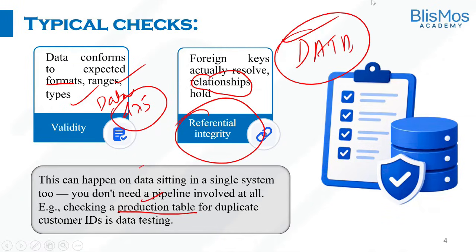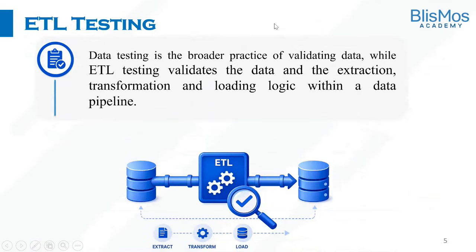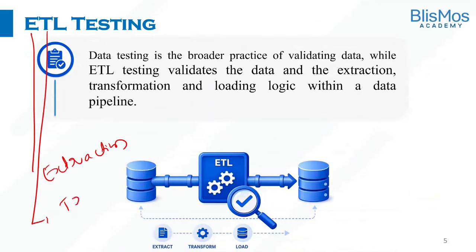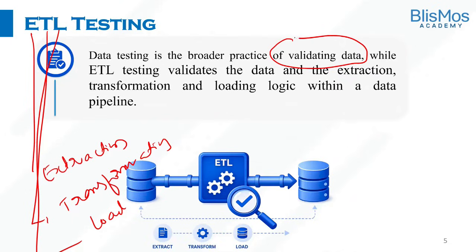Now let us introduce the second player in our story, ETL testing. As we know, ETL means extraction, transformation, and loading. So we learned about data testing, the broader practice of validating the data. Then what is ETL testing?